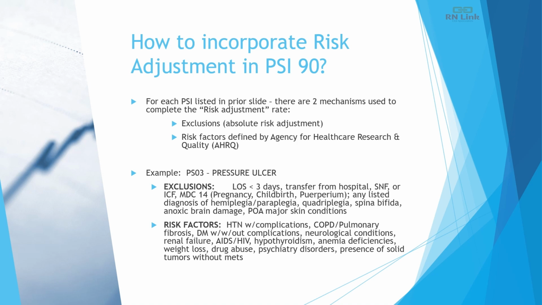Exclusions, LOS less than 3 days, transfer from hospital, SNF, or ICF, MDC 14, pregnancy, childbirth, puerperium, any listed diagnosis of hemiplegia/paraplegia, quadriplegia, spina bifida, anoxic brain damage, POA major skin conditions.